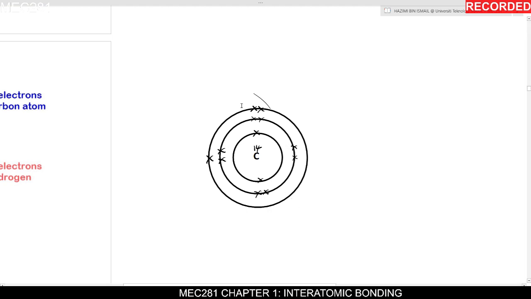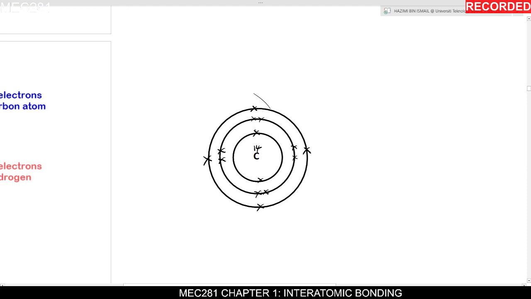Sorry, you cannot write them in pairs for the outermost valence shell. You have to put it like this: the carbon here has 4 electrons, 1, 1, 1, 1, in separate combination. So how to get the stable form? It needs 4 more electrons to get 8 electrons on the outermost shell.